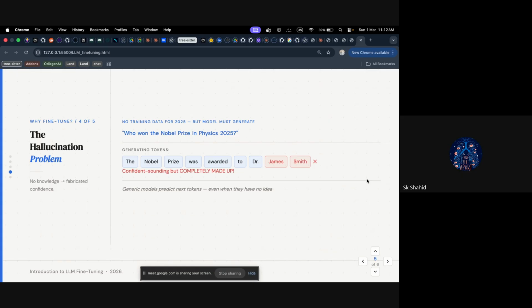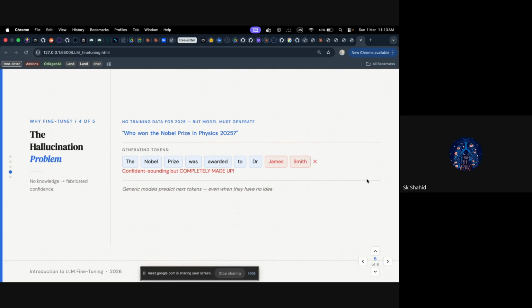It just tends to spit out the information it has seen from the training data. So the knowledge cutoff problem and the hallucination problem, the domain gap problem, that we saw in the previous slide are inherent to this. Even if it doesn't have the domain information, it will still tend to complete the next word. Even if it does not have very recent knowledge about something, it will still tend to complete with the wrong information.